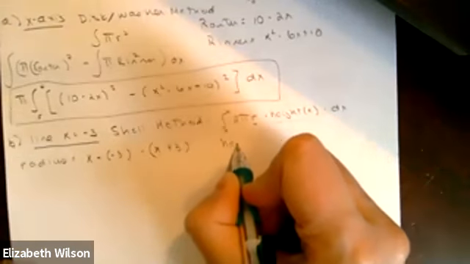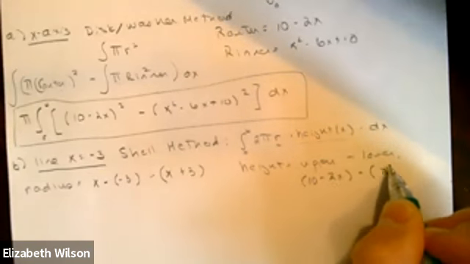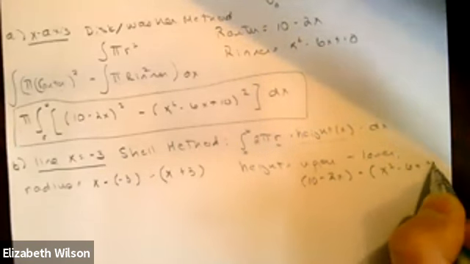Now for the height, just like what we've done before, the height is basically going to be my upper function minus the lower function. This is basically calculating the area between these two curves here. So our upper function is our linear 10 minus 2x, minus x squared minus 6x plus 10.